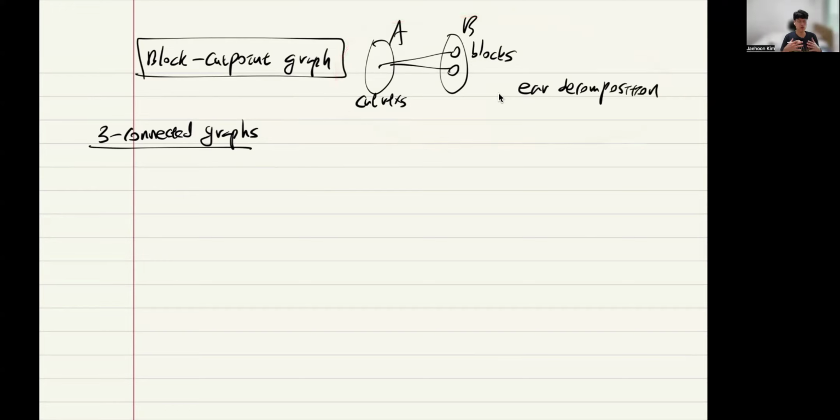So unfortunately, if we go to higher connectivity, we don't have this kind of structure. You could consider maximal three-connected graphs, but the structure you get is much more complicated than this kind of simple structure. And also, ear decomposition was relatively easier to understand, but the things that we will learn for three-connected graphs are more complicated and less intuitive.